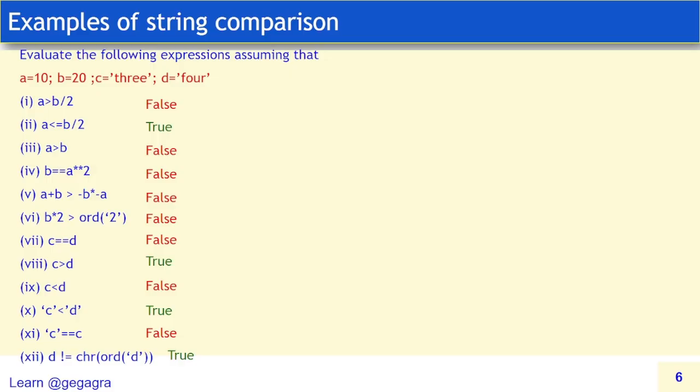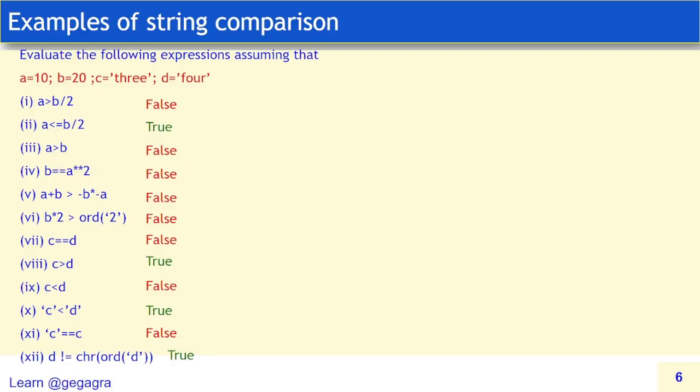D is basically FOUR. Obviously this is true, because D is not equal to 100. D is 4, which is not equal to the character D, and that is why, because I have used not equal, it gives the true result. So this is how we can evaluate these Boolean statements.